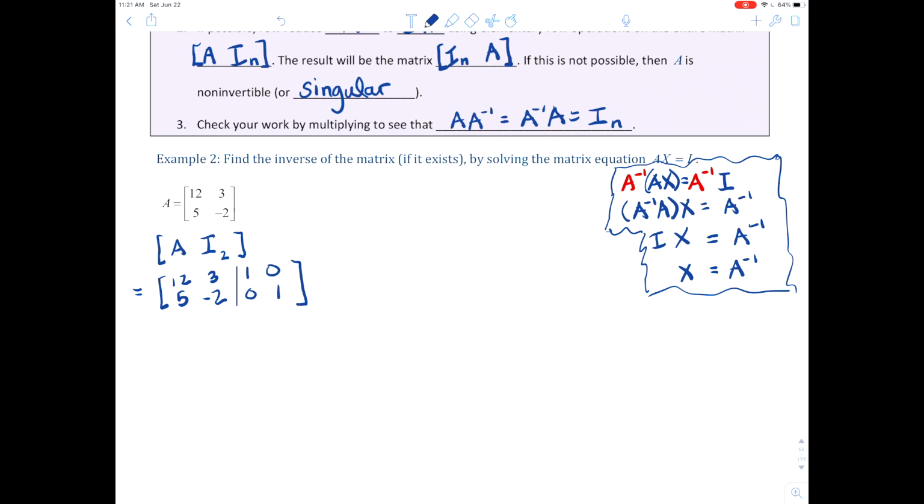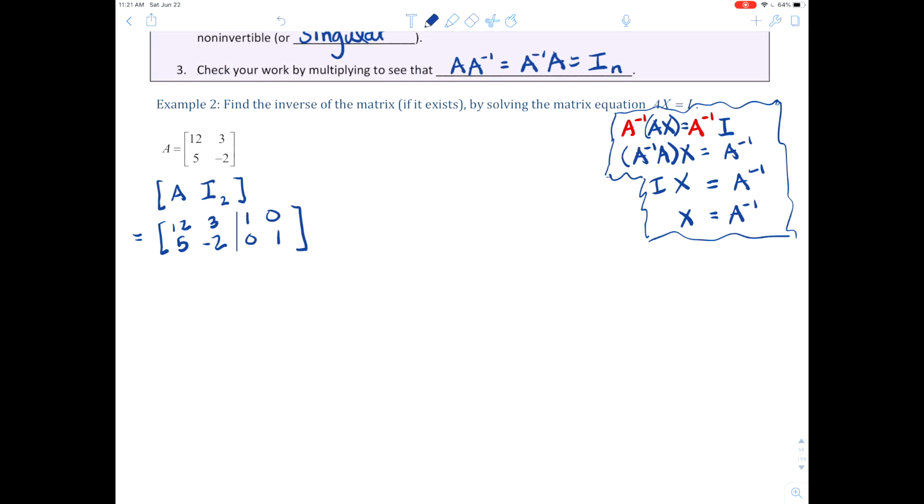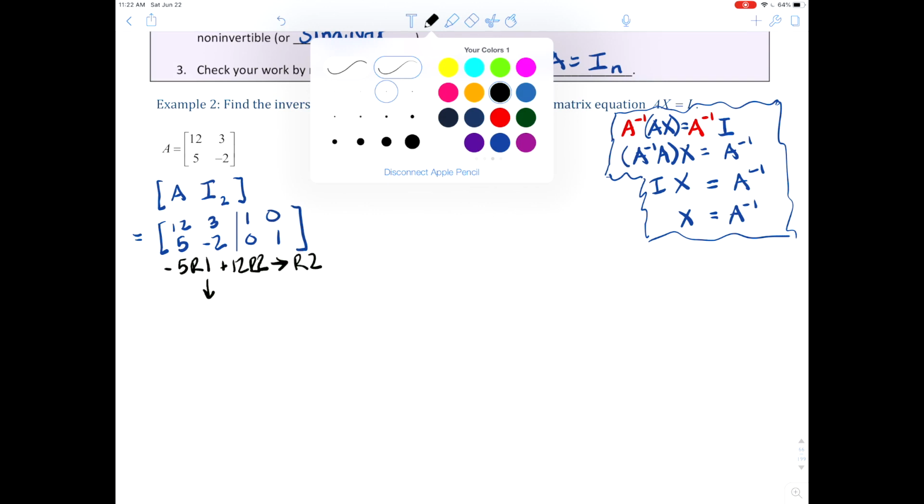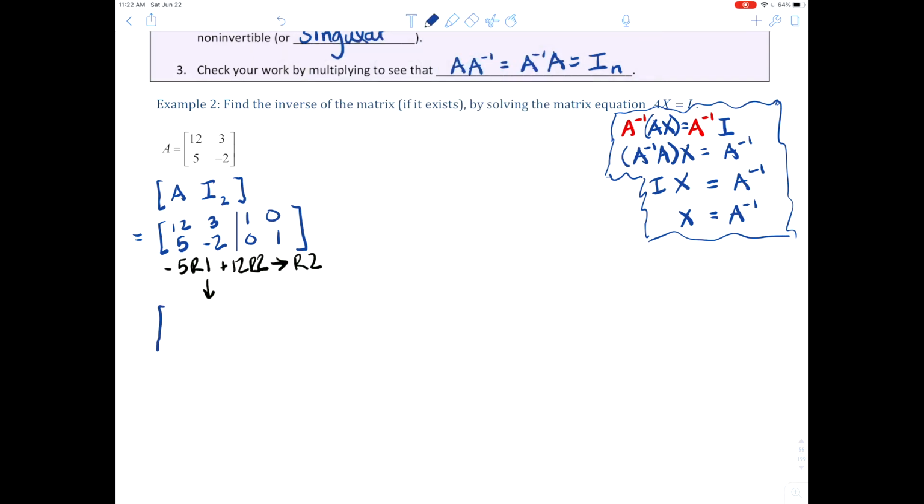Cool so far? Okay. Well, what should we do? We need to get rid of the 5 that's in row 2, column 1. So we could do negative 5 row 1 plus 12 row 2 for a new row 2. Cool so far?